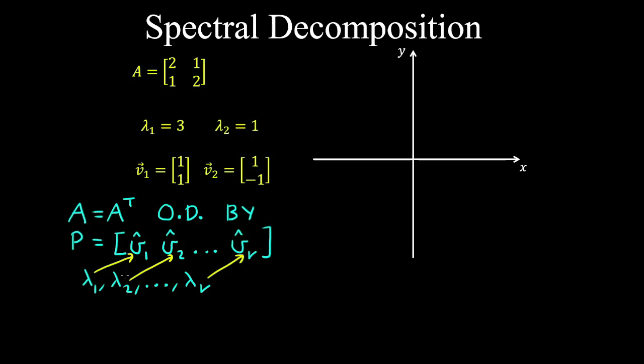So in this case, we know the diagonal matrix D, which was equal to P transpose A P, is the matrix with those eigenvalues in the diagonal positions.